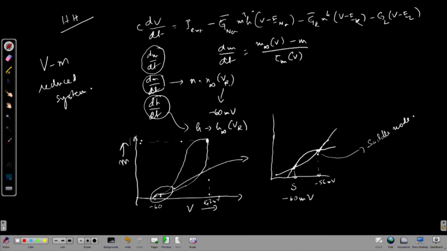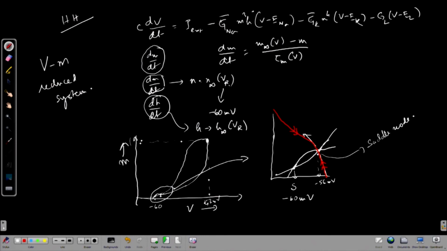Now again this saddle node has the stable manifold, which, very much like the Morris-Lecar second-order system, has stable manifolds coming into this saddle node, and the other one actually comes in from outside the phase plane.